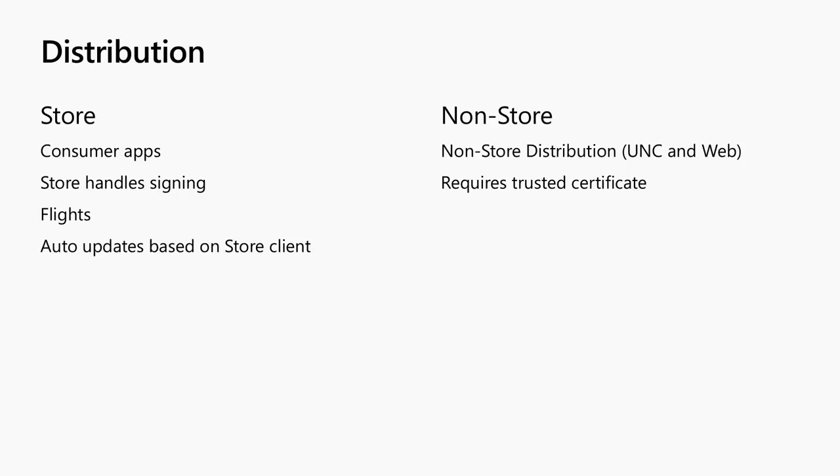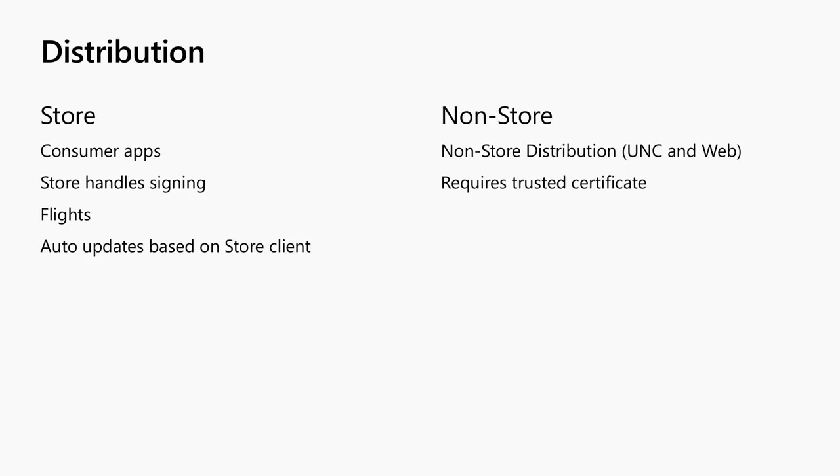So if it's a certificate from your company, from your private CA, and that certificate is already trusted on end-user machines, you are good. If you want to distribute to unknown users or outside of your enterprise network, you must use a certificate issued by a public CA. There are some cases, for example for testing, where you can use self-signed certificates. That's the case of the certificate that I'm using here.